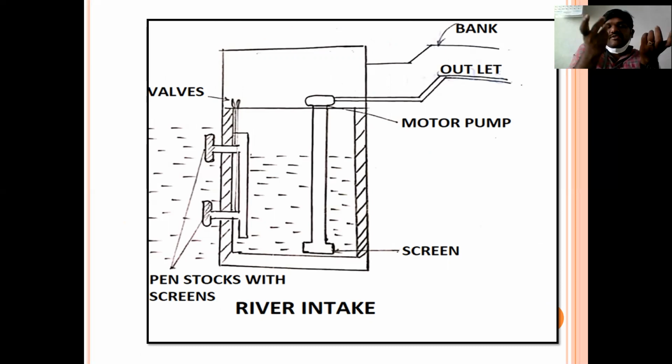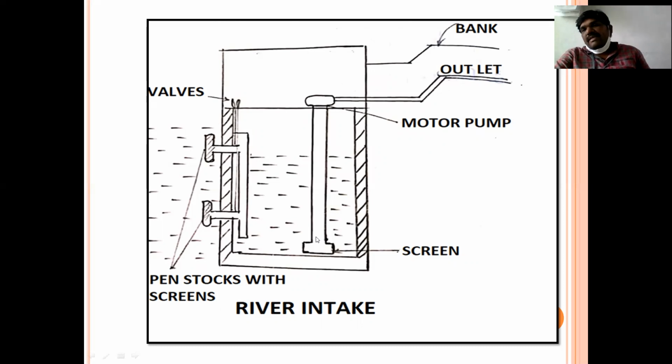It is a sluice, or a way of diverting the flow of water. This is the water flow, and through this penstock, water enters the pipeline. These two penstocks are controlled by two valves respectively. Water from these two penstocks enters the chamber.